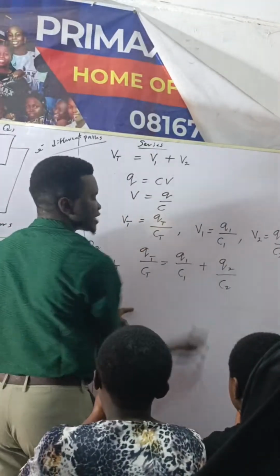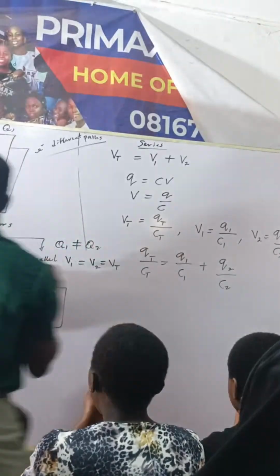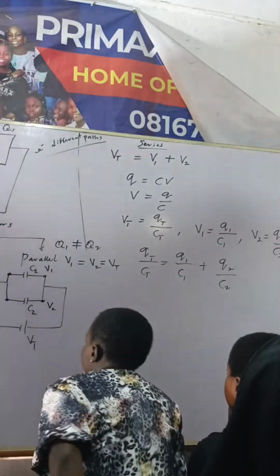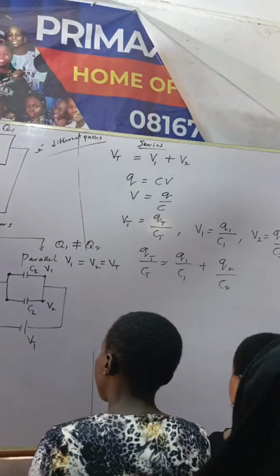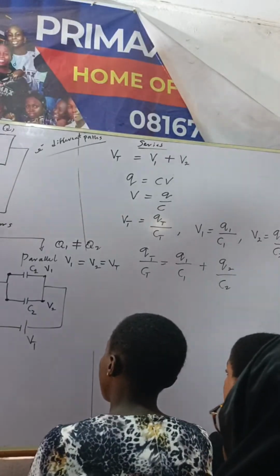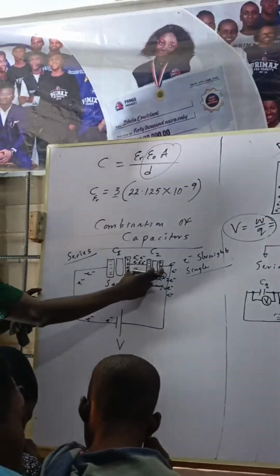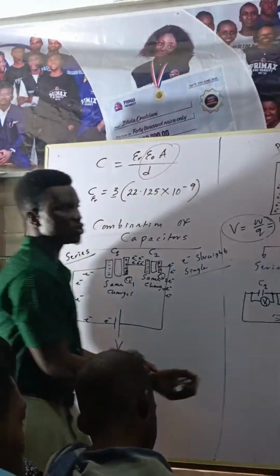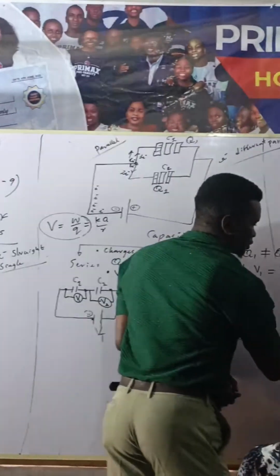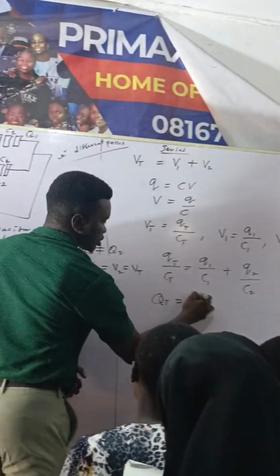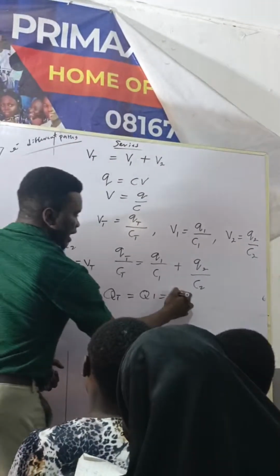Remember, all my Q's are the same. We already said Q1 is equal to Q2. It's the same total of electrons that left. How many left? 5. From what I described here, 5 left, 5 got here, 5 left. So my Q total is the same thing as Q1, which is the same thing as Q2.